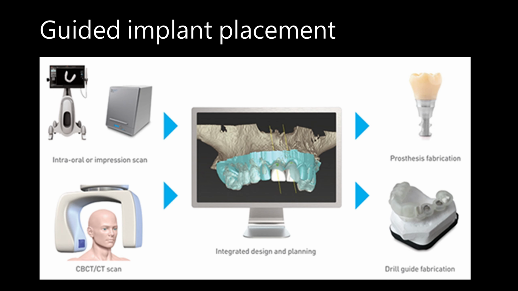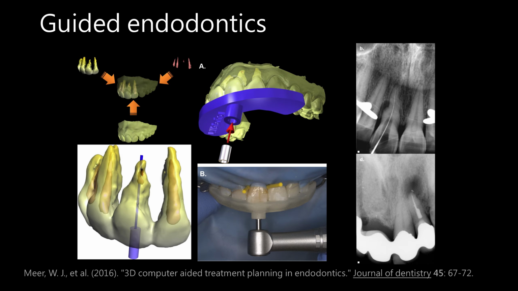Okay, so when we do endodontic treatment or apical surgery, we have some difficulty. We will do it like the guided implant placement, which has been done for maybe more than 20 years. This one is an early published paper from 2016. It's a guided endodontic treatment, and the concept is totally the same as guided implant placement. So in my opinion, I call this digital endodontics.